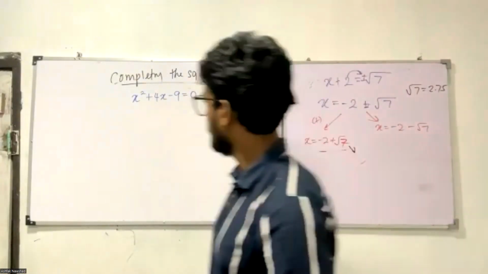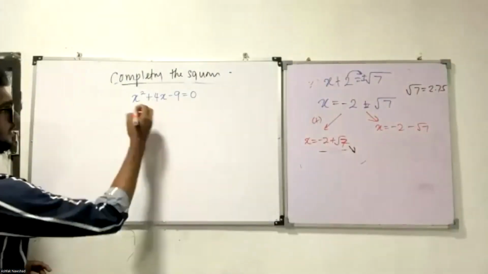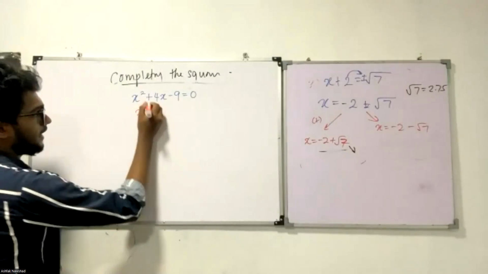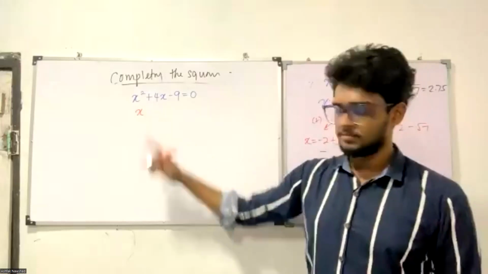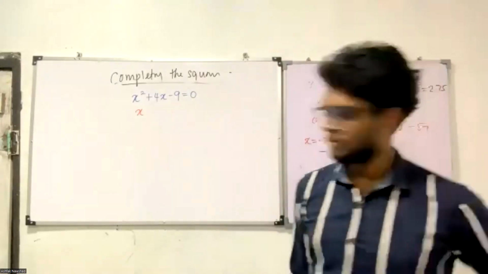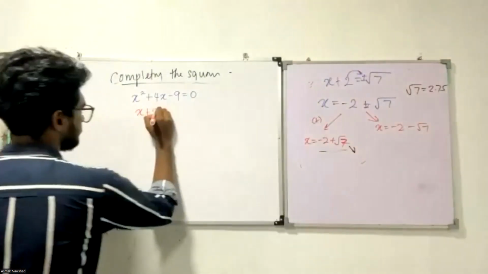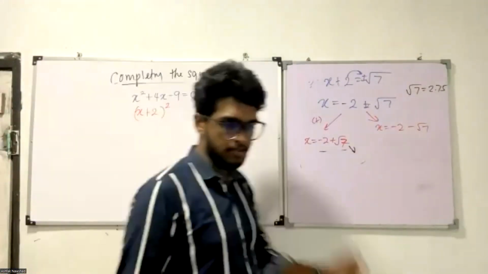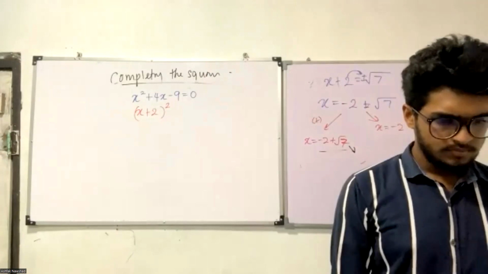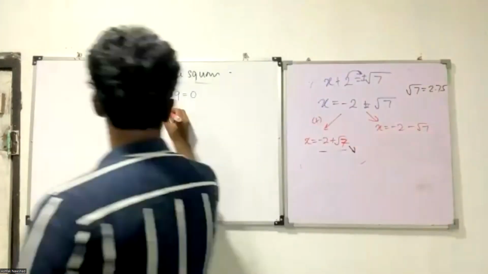Right. Let me do this. First we write x and we go to half. What's the value after x? Plus 2. Yes, exactly. Plus 2. Good. And we are closing the bracket. What would be the sign here? The sign is minus.